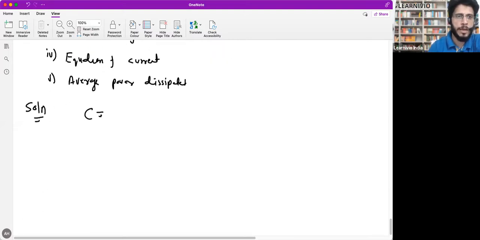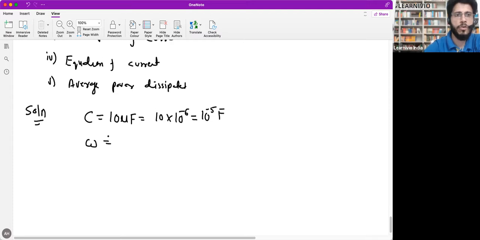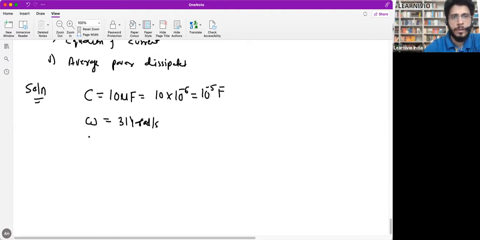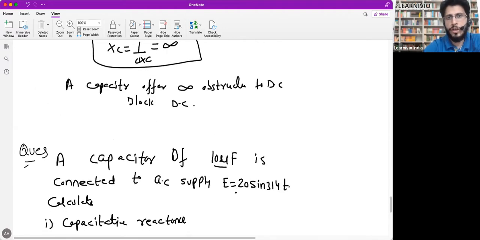So you have a capacitor of 10 microfarad. So this is 10 into 10 raised to the power minus 6, 10 raised to the power minus 5 farad. How much is omega? Omega is 314 radian per second. E naught is 20 volt.